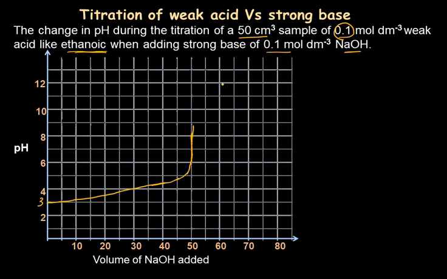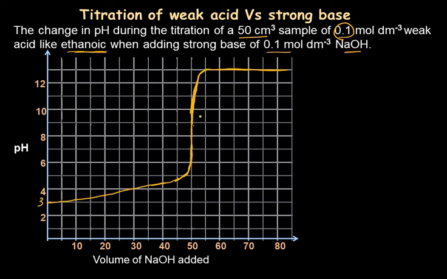Now as we know, NaOH is a strong base, so it should have a pH of approximately 13 to 14. So I am drawing the pH of the strong base at about 13 with an almost horizontal line, which then gets joined with the equivalence point. Not able to draw it properly.